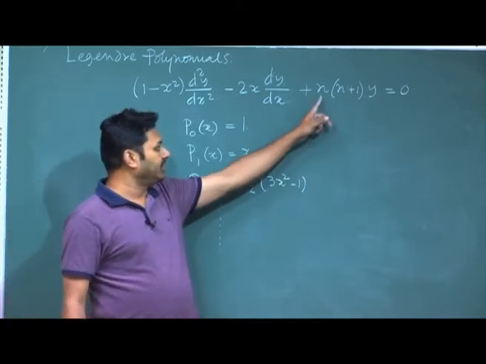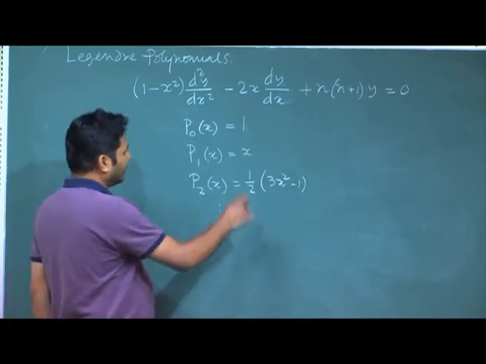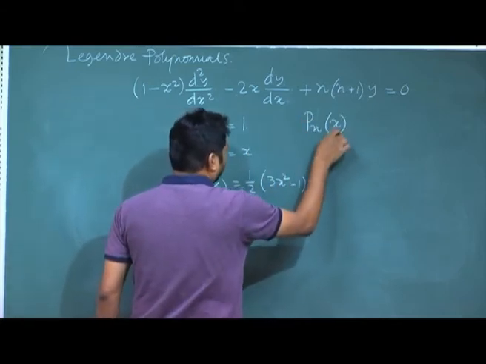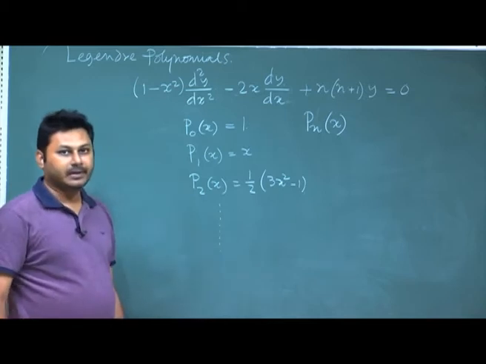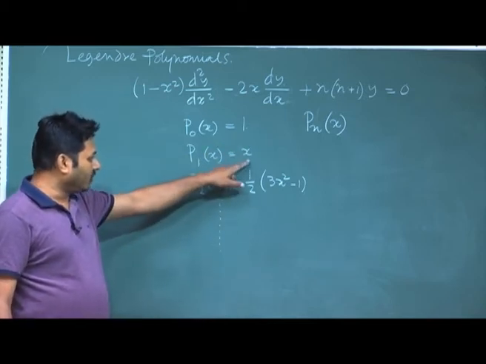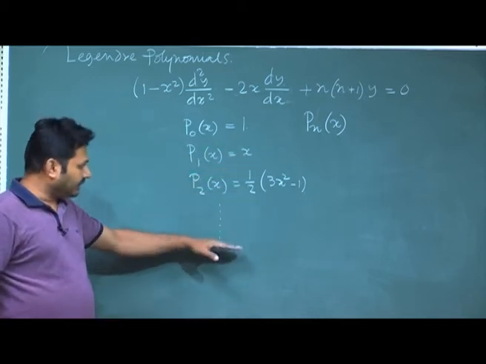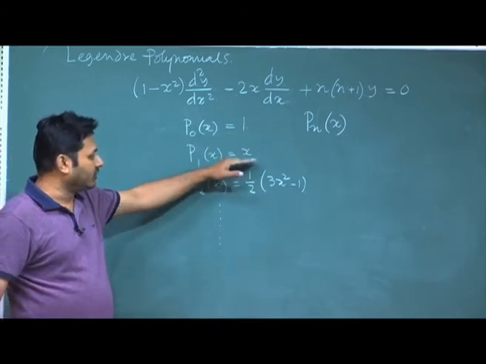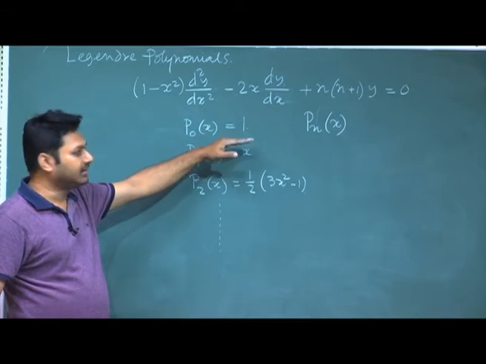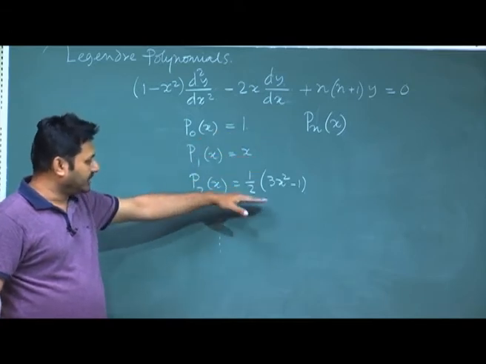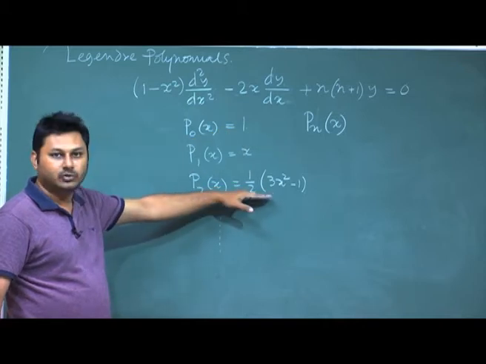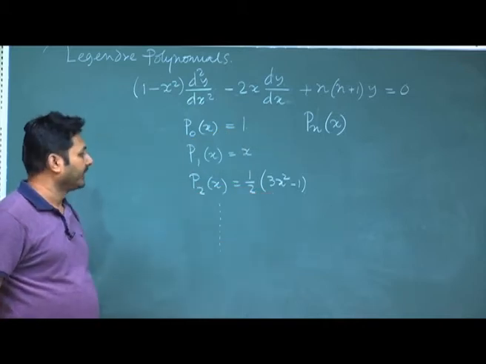Depending on the value of these things, I should have a general solution, series solution, we called it Pn(x). If you note, these are forming polynomials. This is one polynomial, this is another polynomial, this is a degree 1 polynomial, this is a degree 0 polynomial, this is a degree 2 polynomial, and so on.